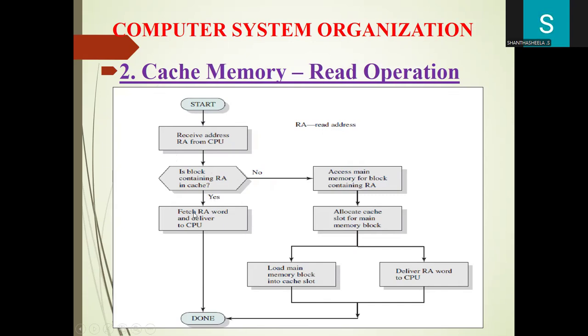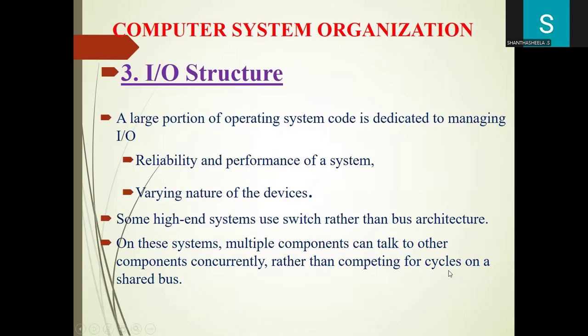If it is present, then we fetch the particular word and deliver it to the CPU. If it is not present in the cache, we have to access the particular block of data from the main memory containing the read address and allocate a cache slot for the main memory block. Then after allocating the slot, we load the main memory block into the cache slot and deliver the word to the CPU.